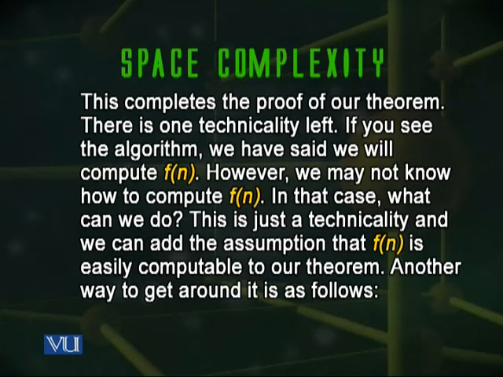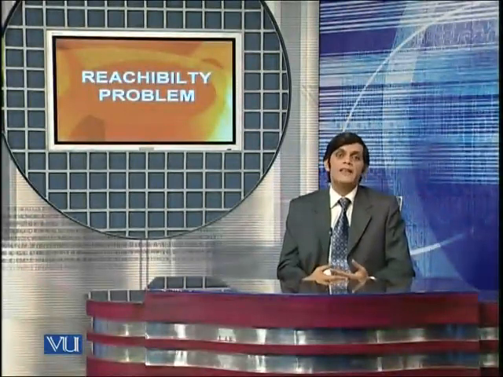It is the number of cells required by this Turing machine, and we may not know it. So how do we compute f of n? Well, there are two ways to circumvent this difficulty. One is we can say that we are talking about functions which can be computed in space f of n, and therefore this is not a problem, and we can add that assumption in our theorem.